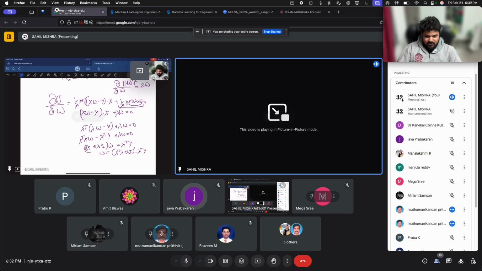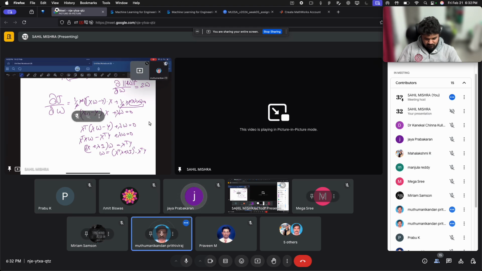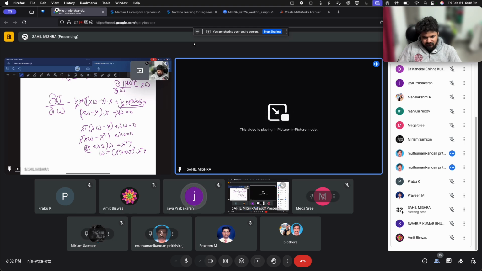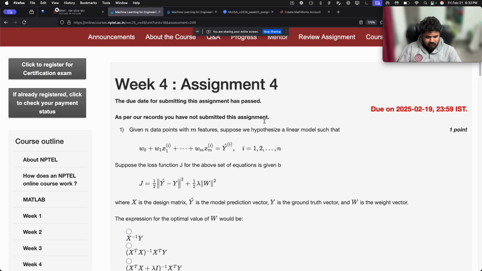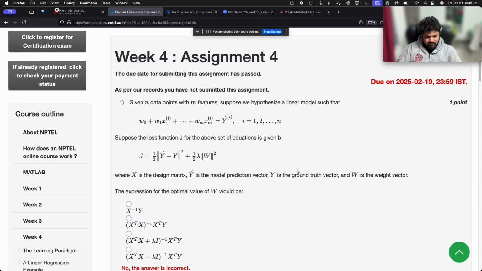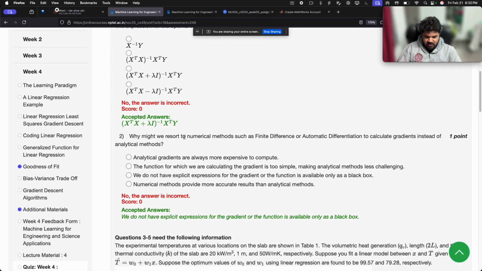So, any other doubts in question 1? Let's move to question 2. Okay, this deadline is over, right? So why might we resort to numerical methods such as finite difference or automatic differentiation to compute gradients instead of analytical methods?